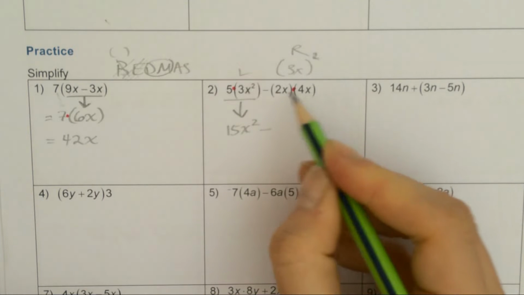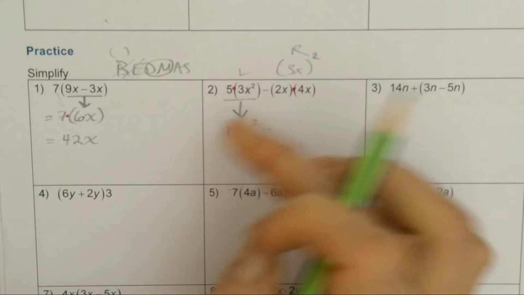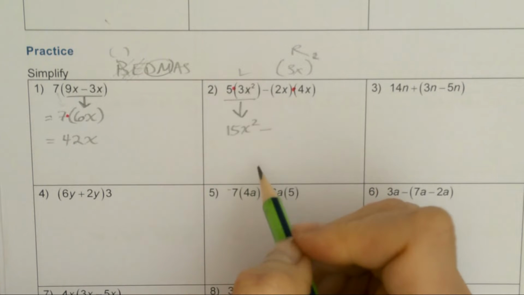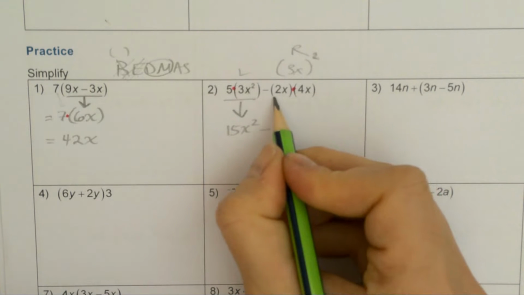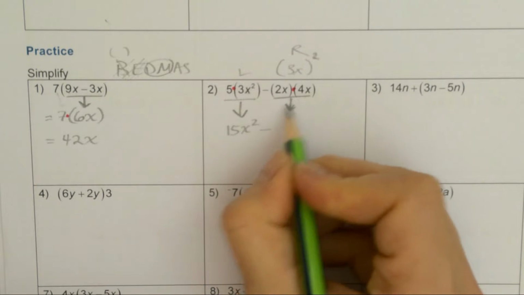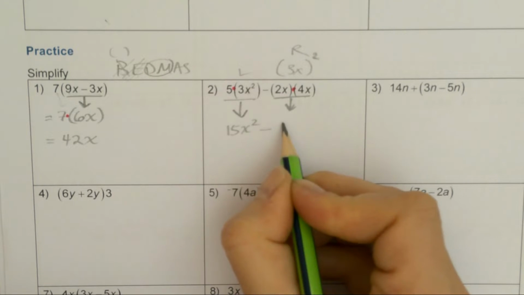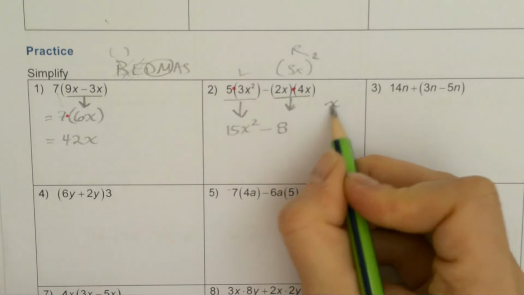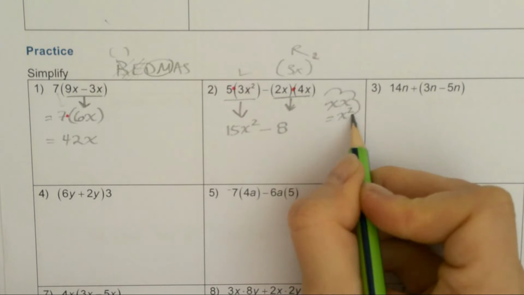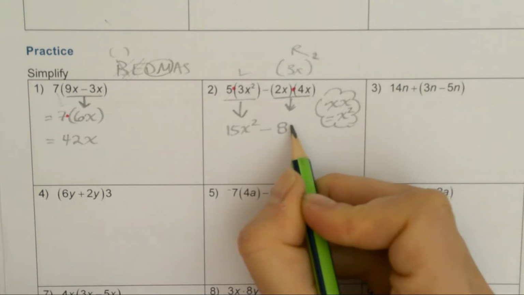Now because this one is far away and not touching this one, I can be a little bit lazy and do it at the same time. So I'm going to do this one. Make sure you underline it, put your arrow so you know where it came from. 2 times 4 is 8. If I have x and x, well, I really have 2 of them, x squared. Okay, so that's really x squared.